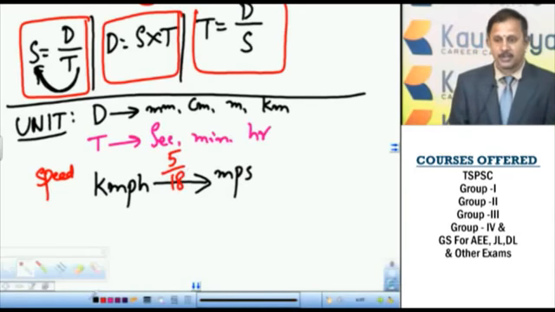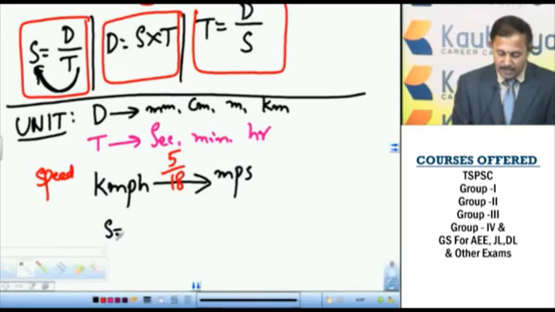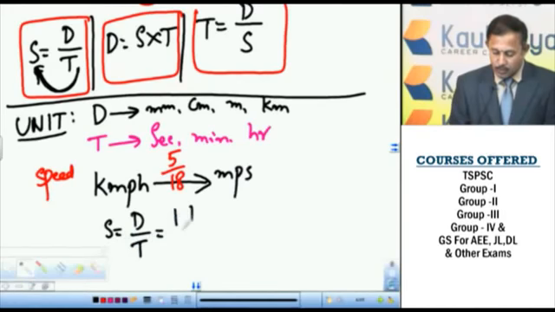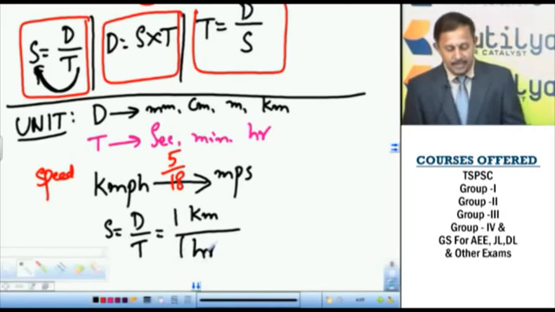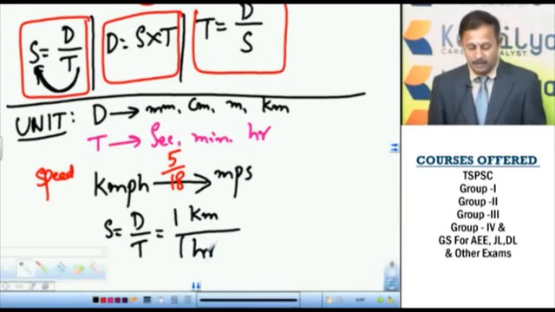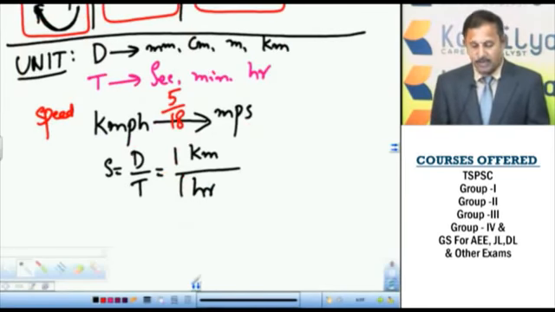So let us check how this 5 by 18 appears. Friends, what is the formula for speed of the vehicle? Distance by time. Suppose you take the distance as 1 kilometer and the time period as 1 hour.